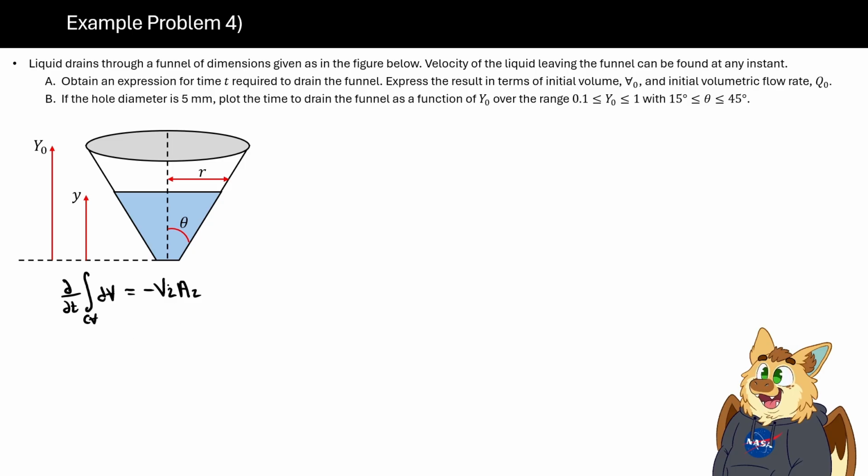And then let's substitute our values in. So we have to substitute a value for v2 and dv. This will be equal to d over dt integral. I'm going to hold off on the bounds for a second on this integral, and we'll come back to that. This would be pi times y squared tangent squared theta dy equals negative square root of 2gy times a2, just like that.